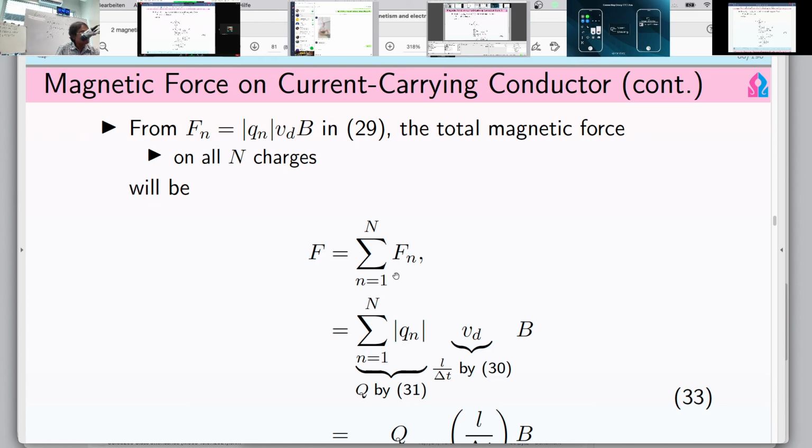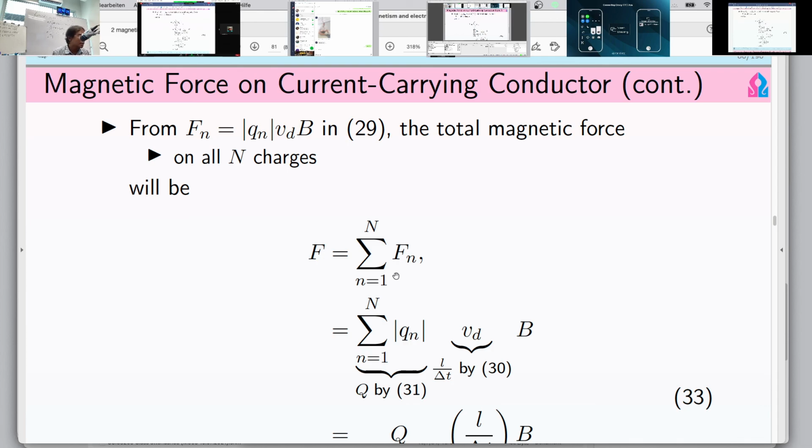The total force is the summation of all N forces, because there will be force number 1 for the first particle, force number 2 for the second moving particle, and so on, because we assume at the beginning that we have capital N particles or capital N charges. So the total force is going to be the summation of all of these amounts.